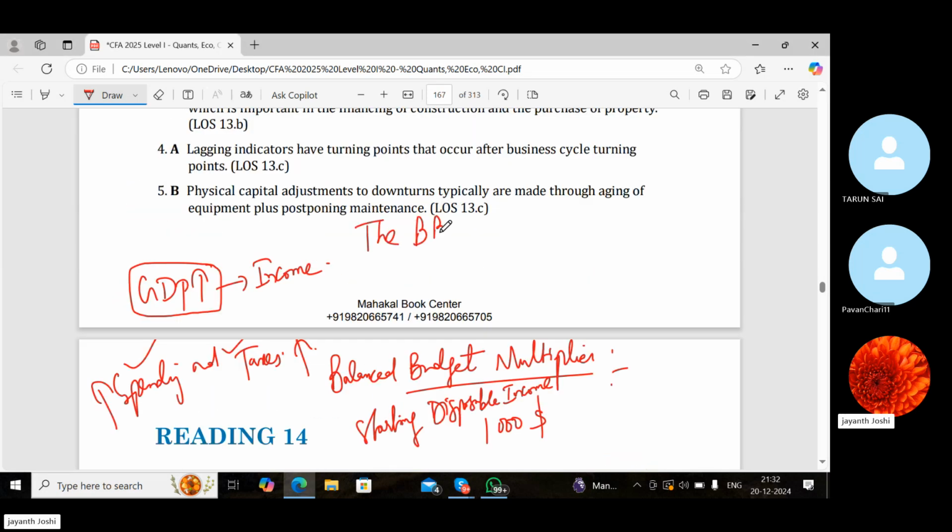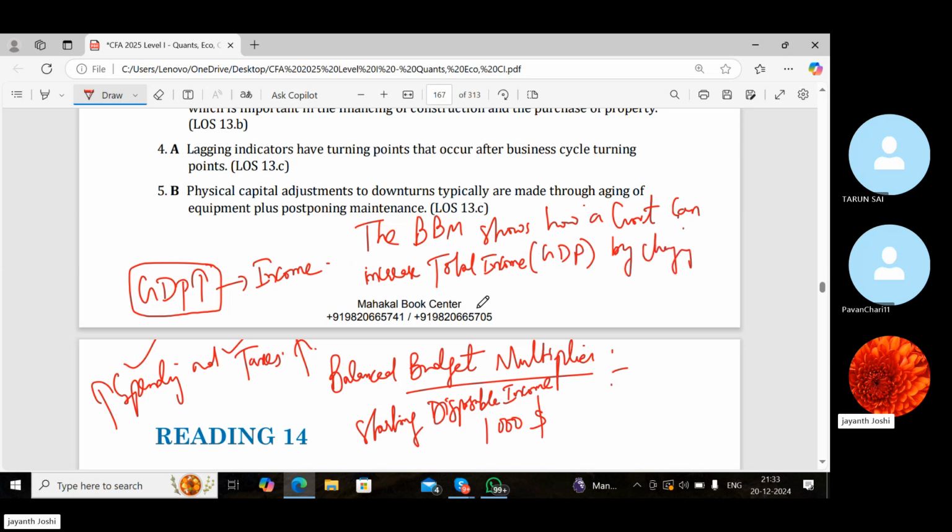The balanced budget multiplier shows how a government can increase total income, that is GDP, by changing or increasing both spending and taxes. If they want to increase their spending, they will increase taxes, and with this they want to increase the GDP.